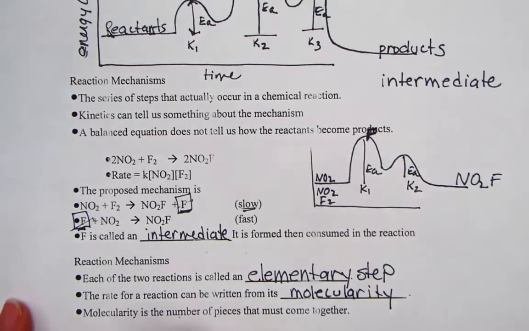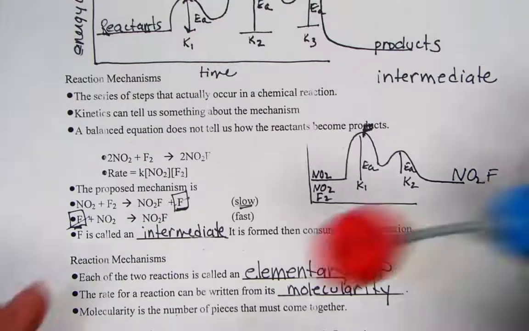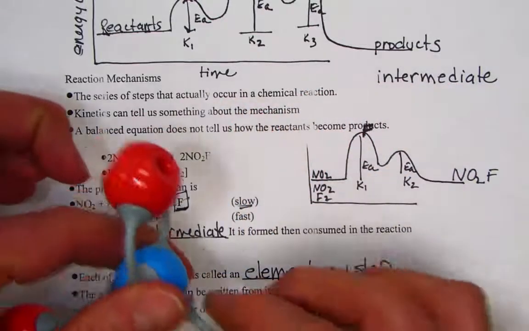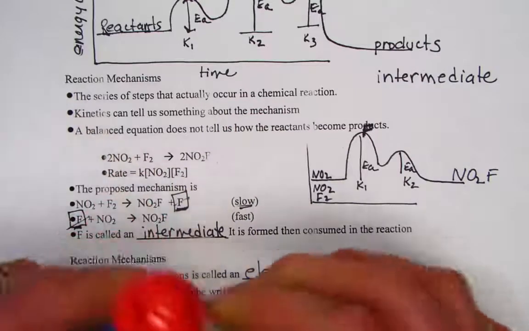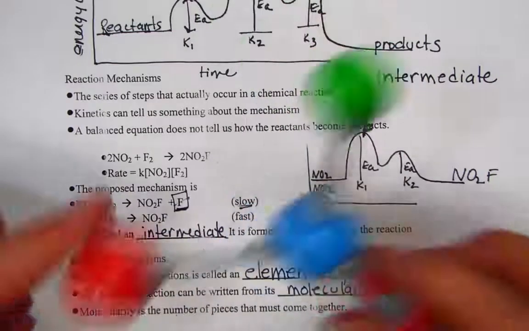If I have something known as a unimolecular step, uni meaning one, what it's involving then is a single molecule just rearranging itself. Not necessarily a collision because it's just a single molecule, but if I rearrange bonds, I could have a unimolecular description.